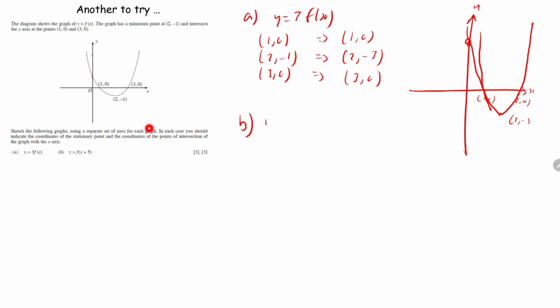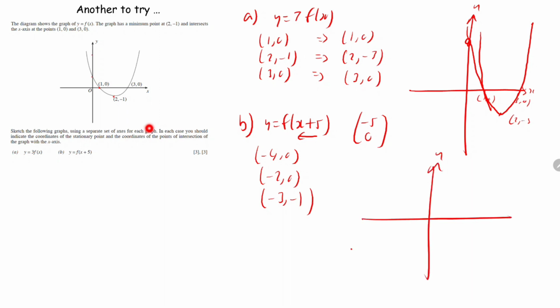Part B, we've got y equals f of x plus 5. It's going to be a movement to the left in the x direction, which is the translation (-5, 0). So this minimum point is now going to be at the coordinates (-4, 0). This one's going to be at (-2, 0). And this minimum point here is going to be at (-3, -1).